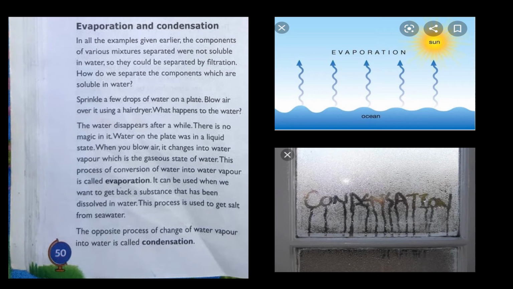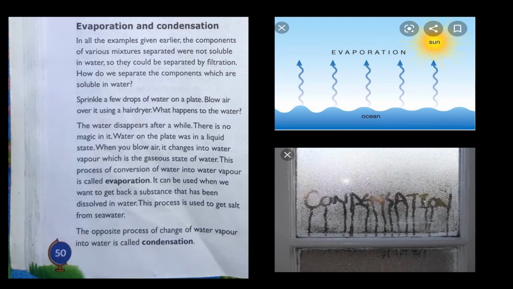You just take a situation. Sprinkle a few drops of water on a plate, blow air over it using a hair dryer. What will happen? You just imagine that it is written in the book: sprinkle a few drops of water on a plate, blow air over it using a hair dryer. What happens to the water? The hair dryer will blow air upon it, isn't it?